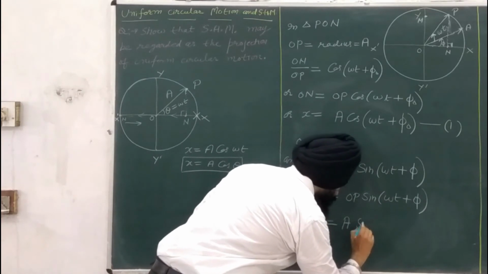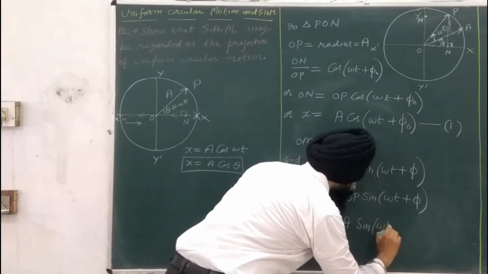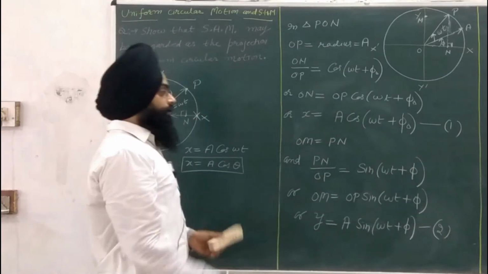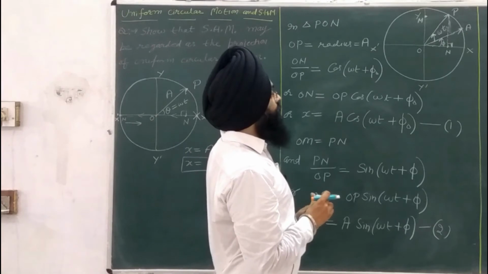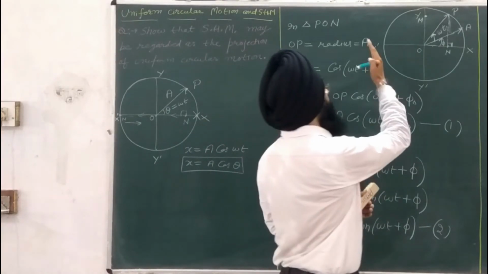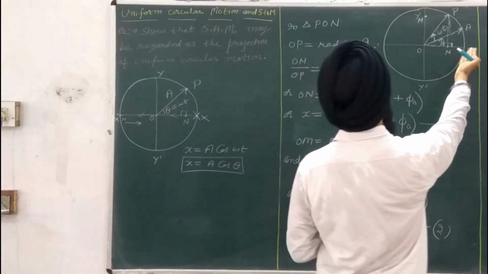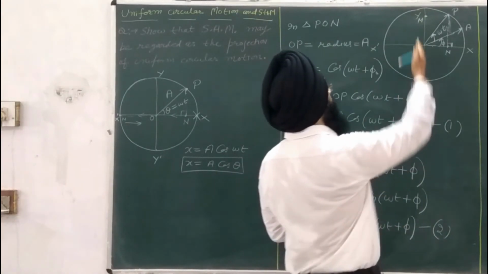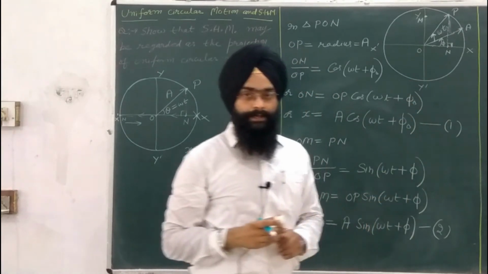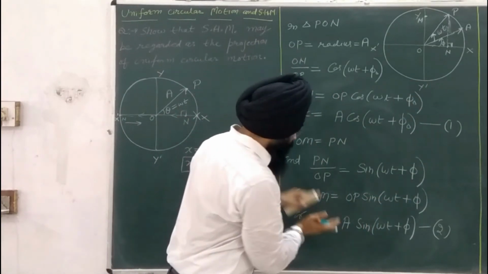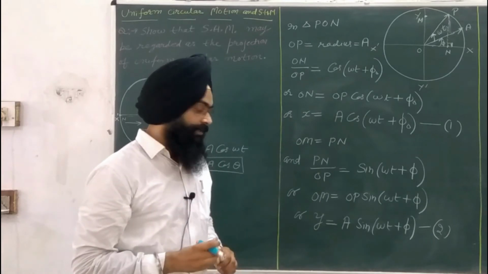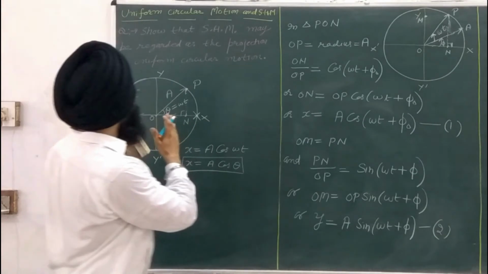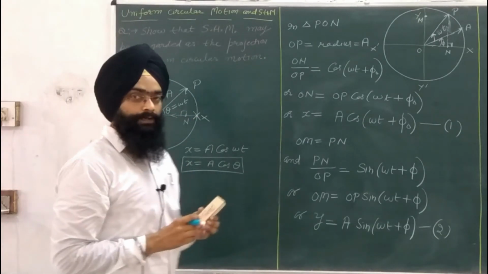So it is y is equal to A sine omega t plus phi, equation number 2. So the motion of the particle, if we consider along the x dash, the projection, then the displacement is given by equation number 1. If we take the projection along y dash, then the displacement is given by equation number 2. So this is all about the uniform circular motion and simple harmonic motion.